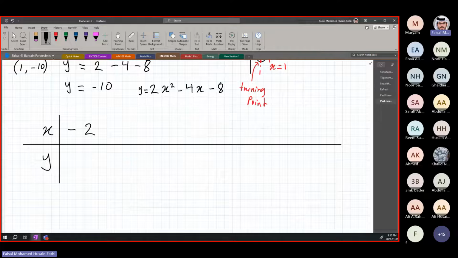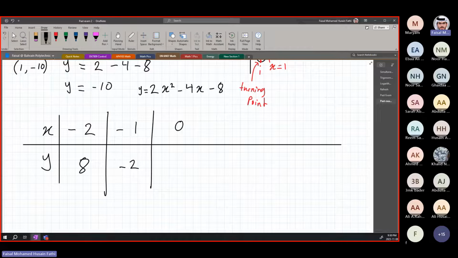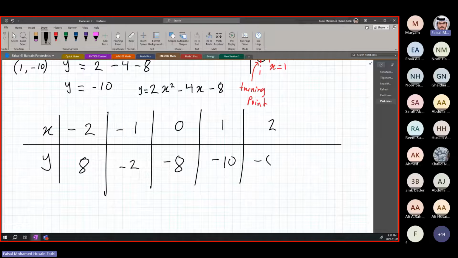So minus 2 is giving me 8, minus 1 is giving me minus 2, 0 is giving me minus 8, 1 is giving me minus 10, 2 is giving me minus 8 and that's ولا نروح لل3 بعد. ال3 يعطيني minus 2 نكمل ال4 مثلا يعطيني 8. زين and we'll stop here.